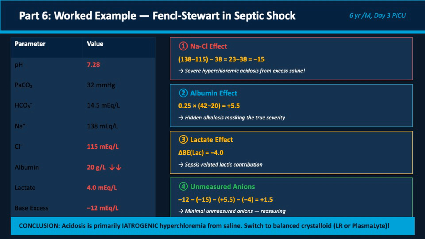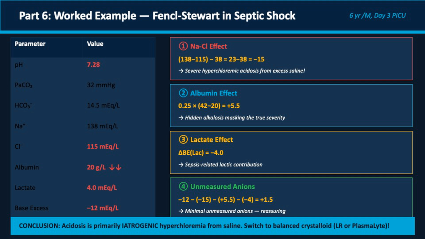Now let's calculate by the Fencl-Stewart approach. Let's calculate the first component, the NaCl effect, and it comes out to be -15. So -15, that is a massive hyperchloremic acidosis, which occurred due to our saline. Someone gave this patient a lot of normal saline.